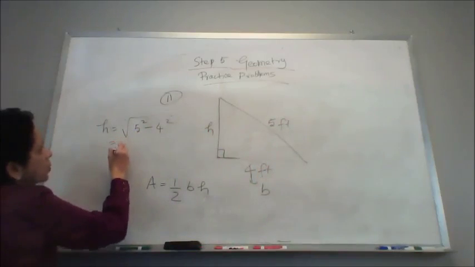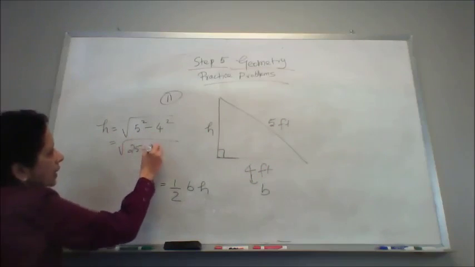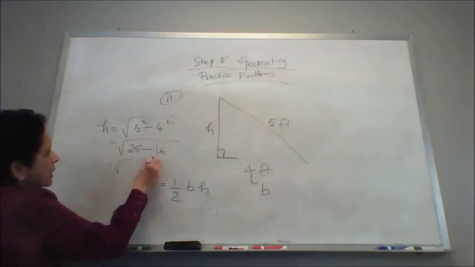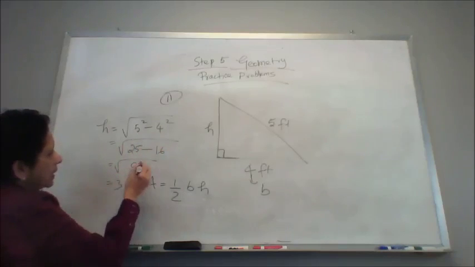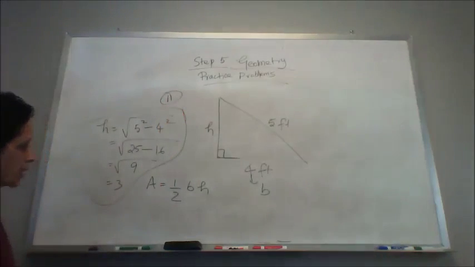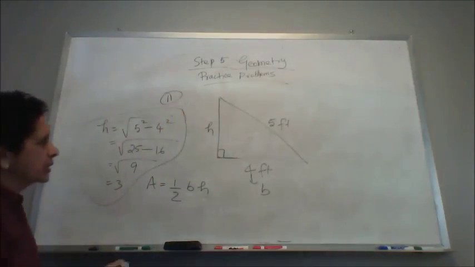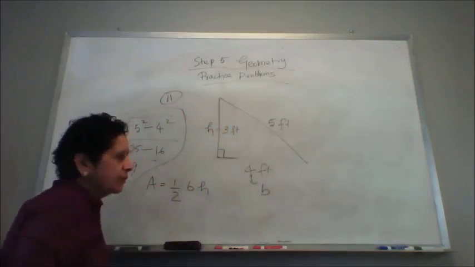So 5 squared is 25. 4 squared is 16. So 25 minus 16, square root of 9. Square root of 9 is 3, right? So you need to do this calculation using Pythagoras to figure out what h is. So this h using Pythagoras came out to be 3 feet.